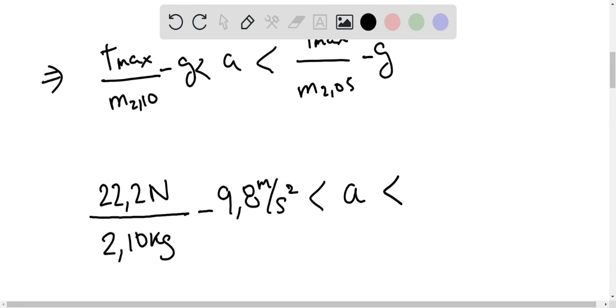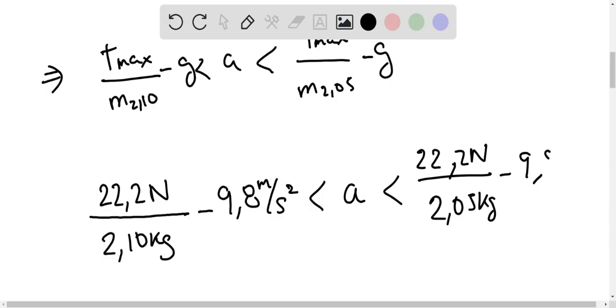And on the other side, we'll have 22.2 newtons over 2.05 kilograms minus 9.8 meters per second squared.